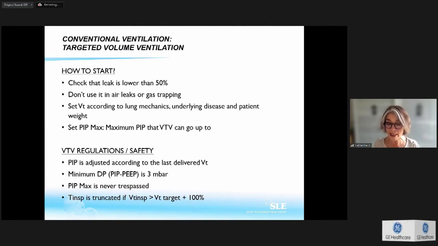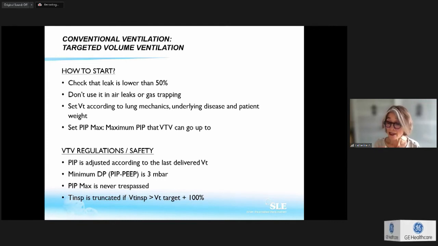Your target is 10. But if you have a problem of gas trapping, what happens? The patient really receives the 10 milliliter, but 2 milliliter stayed in the lung. Here the ventilator doesn't know it. So the next breath, it will be pushing maybe 12 of tidal volume. So here, don't use it.